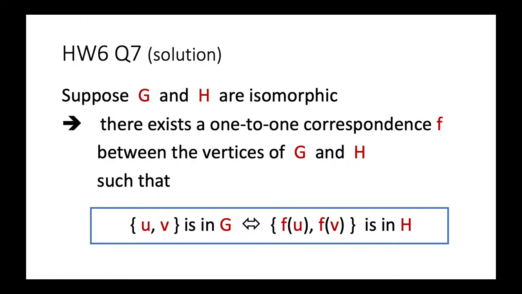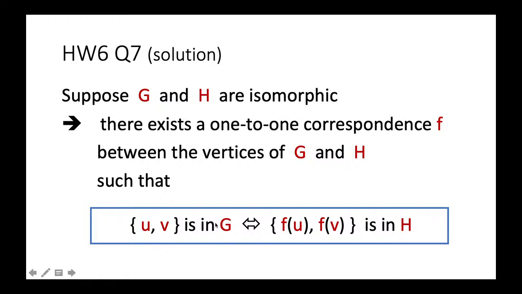Remember what is meant by isomorphic graphs. If G and H are isomorphic, then there exists a one-to-one correspondence between the vertices of G and H, such that whenever UV is an edge of G, then using the correspondence F, F(U)F(V) will be an edge of H. This is true if and only if.